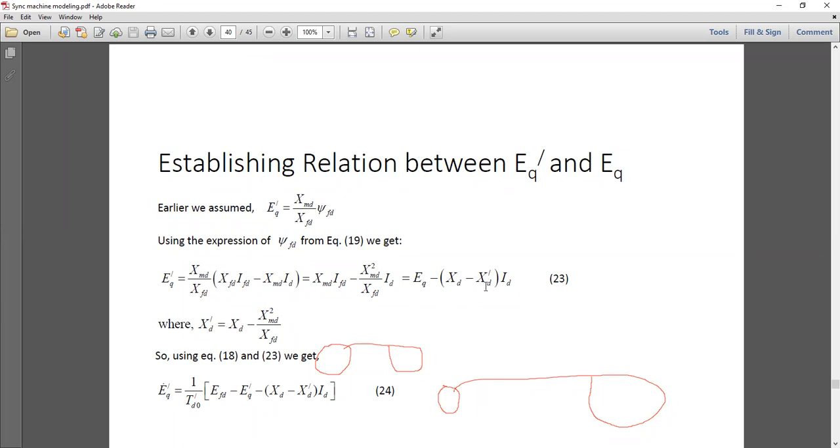Why are we bringing this xd dash and xd? Remember, when we buy a machine, they will provide you a catalog. They have some data in their catalog. So these are part of the dynamic data. In the catalog, you will see the presence of xd and xd dash. They will not provide you xmd, xfd, etc. That's why we are using these simplifying notations, so you can directly read the data from the catalog.